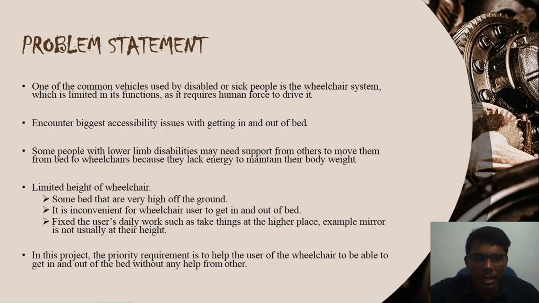On the other hand, the limited height of the wheelchair is also one of the major problems faced by wheelchair users. Some beds are very high off the ground, and it is inconvenient for the wheelchair user to get in and out of the bed.